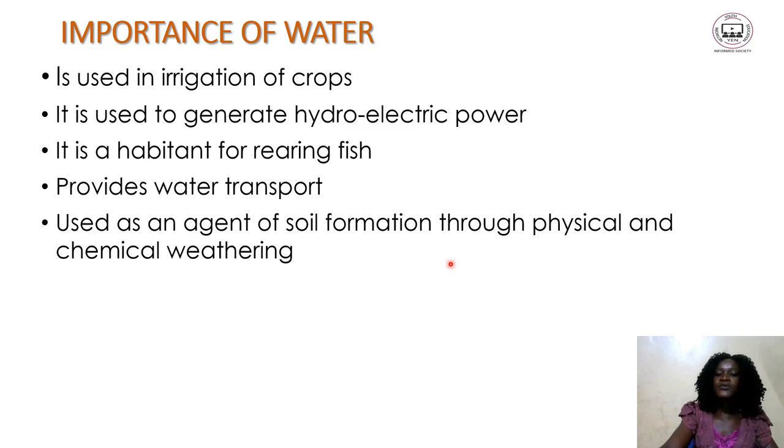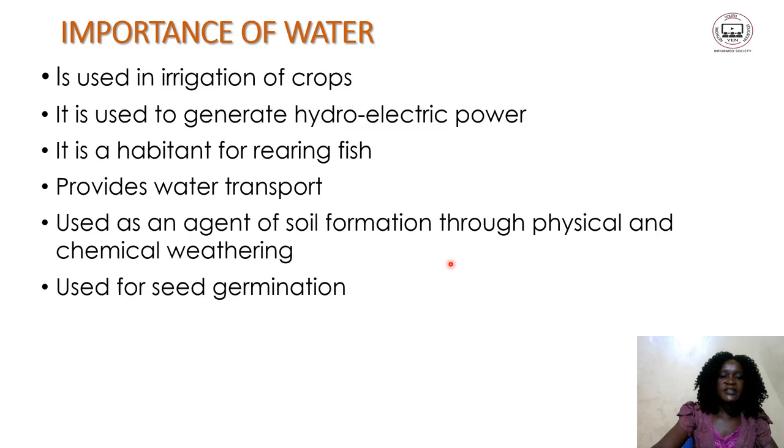So in order for those rocks to break down, they will need water. The water will enter into the rocks, and if it combines with carbon dioxide, carbonic acid is formed. That carbonic acid is the one which can dismantle any hard material, including the rock. So we're saying that water can be used as an agent of soil formation.